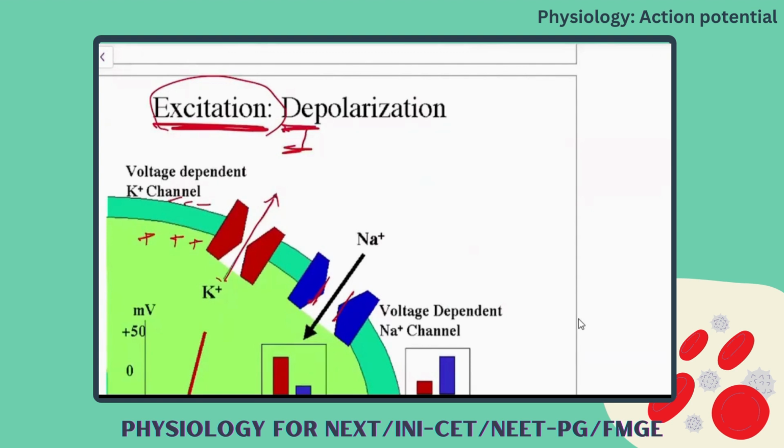But potassium is still going out. How is the outside becoming negative? Because when 2 molecules of potassium go out, 3 molecules of sodium come inside. So the extra 1 molecule of sodium makes the inside of the cell positive, and that is the mechanism making the depolarization happen.